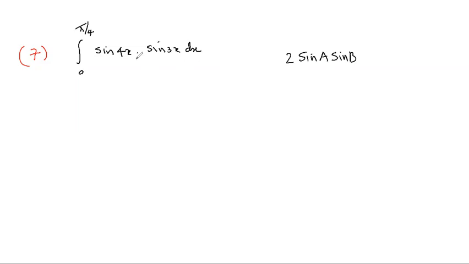Whenever two trigonometric ratios are multiplying, sine with cos, cos with sine, sine with sine, cos with cos, we apply this type of formula. 2 sin A sin B is cos of A minus B minus cos of A plus B. So that we don't have a product formula, U into V, we don't apply for such problem.